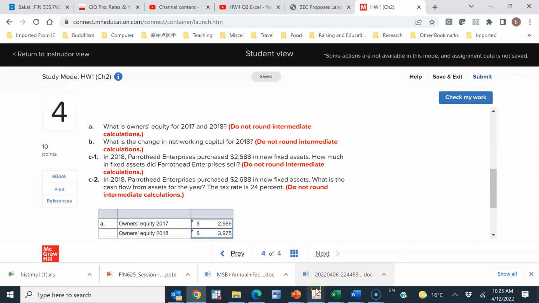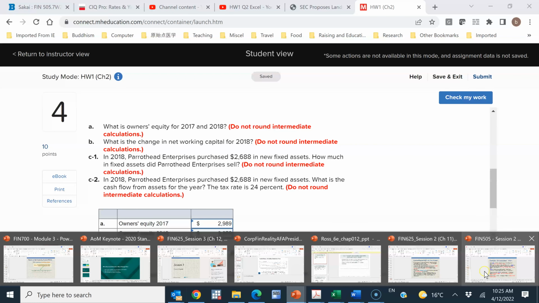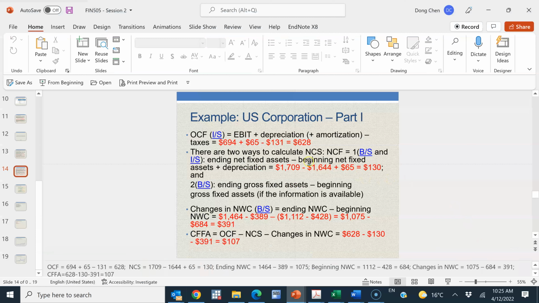In the slides, we talk about two ways we can figure out net capital spending, which is capital expenditure. One way is based on net fixed assets. That formula is the change in net fixed assets plus depreciation expense. Notice here depreciation is depreciation expense. It's not accumulated depreciation, which means that we should find the number from the income statement rather than from the balance sheet.